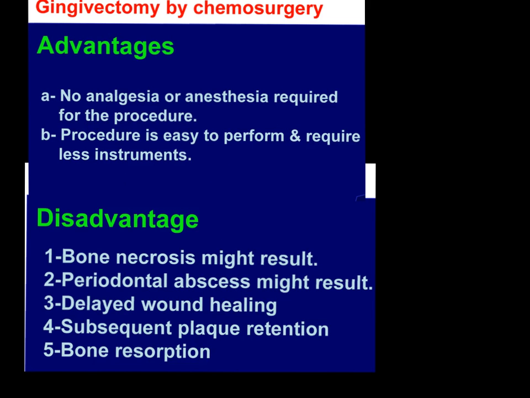Gingivectomy by chemosurgery, the advantages are no analgesia or anesthesia required for the procedure, and the procedure is easy to perform and requires fewer instruments. While the disadvantages, you may get bone necrosis or a periodontal abscess may result, delayed wound healing, and you may get a plaque retentive area and also bone resorption.